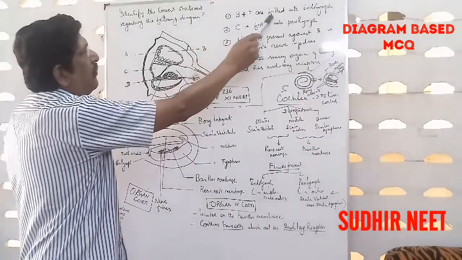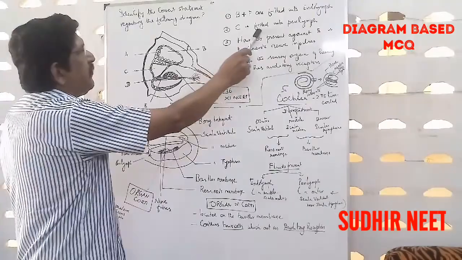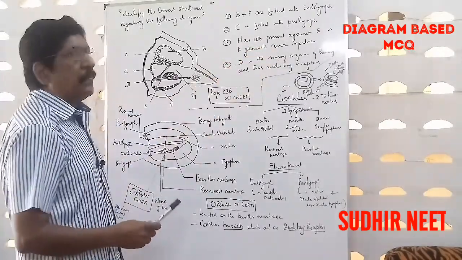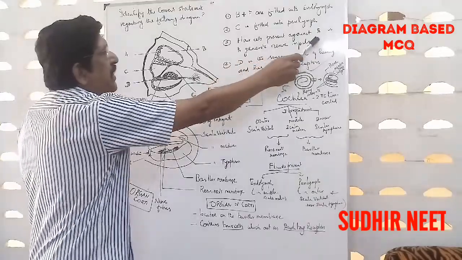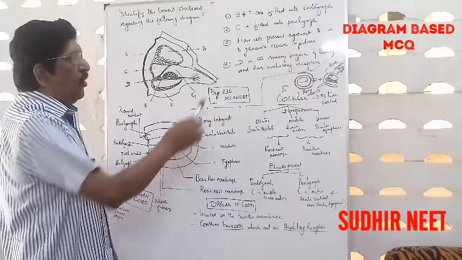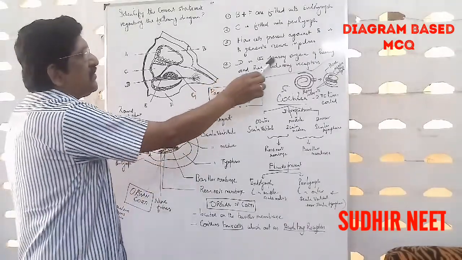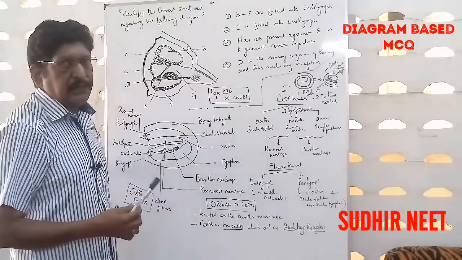B and F are filled with endolymph. 2. C is filled with perilymph. 3. Hair cells present against E generate nerve impulses. Fourth option, D is the sensory organ of hearing and has auditory receptors.